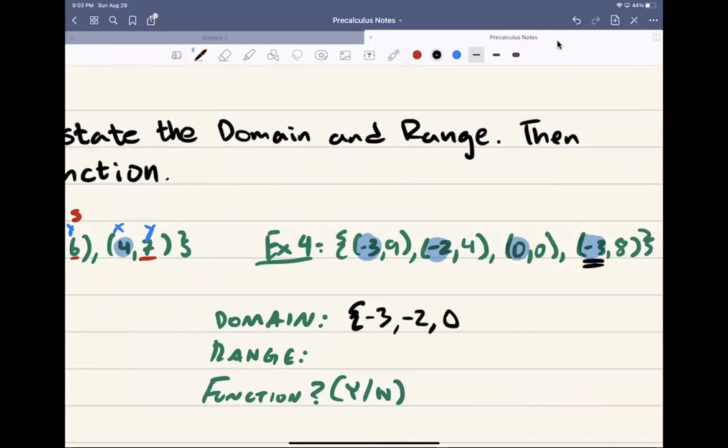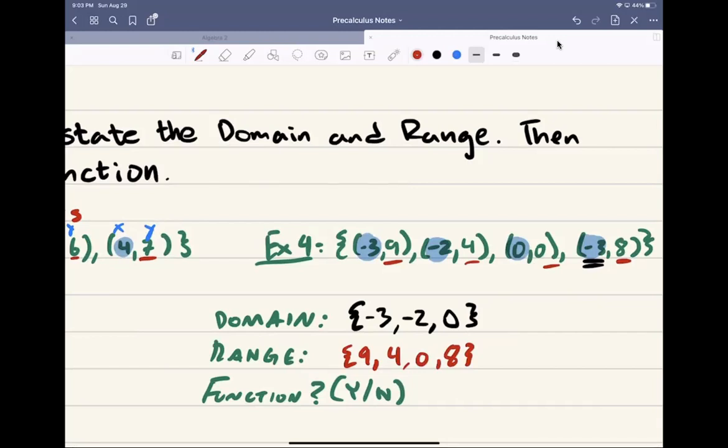So we don't need to write that down because that's included here. So we're going to go ahead and close it. All right. Now let's look for our range. That's our outputs, 9, 4, 0, 8. So let's write that down. 9, 4, 0, 8. And you can write this in numerical order. It doesn't really matter so long as you include all the numbers in there.